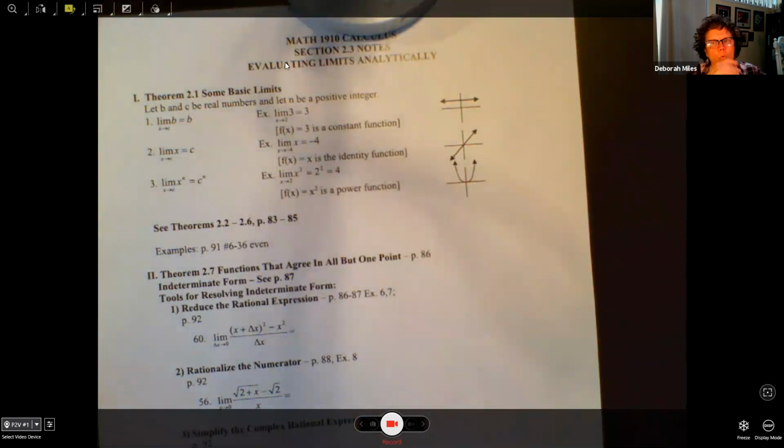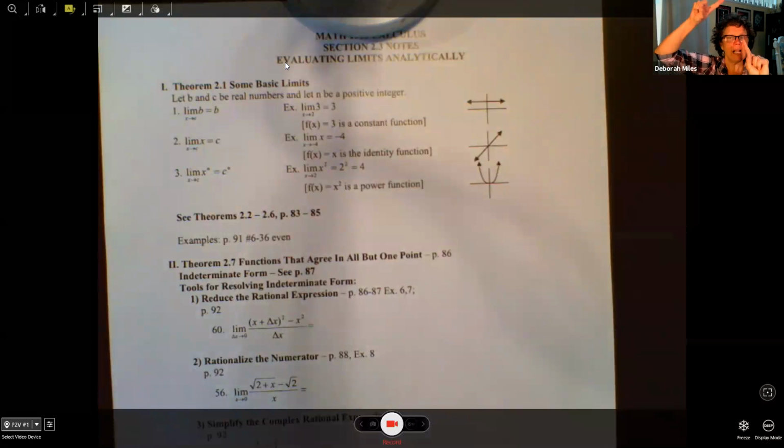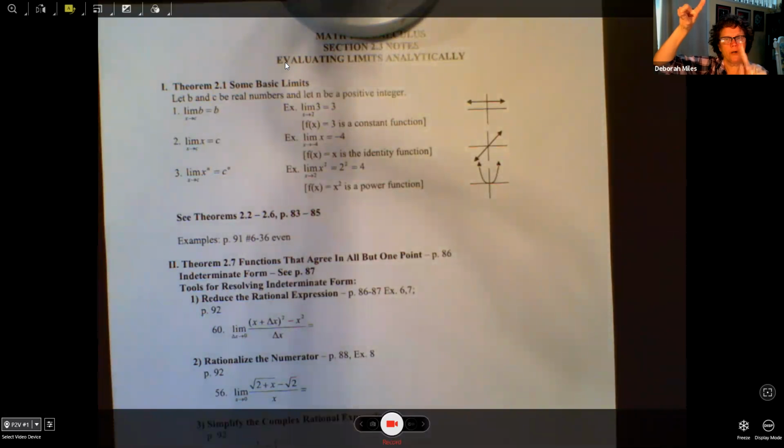In 2.2, we talked about two different ways of finding limits. We found limits graphically by putting our fingers on the graph left and right of whatever x was supposed to be approaching and moving them in on the graph until we could see what y would be close to at that given x value.